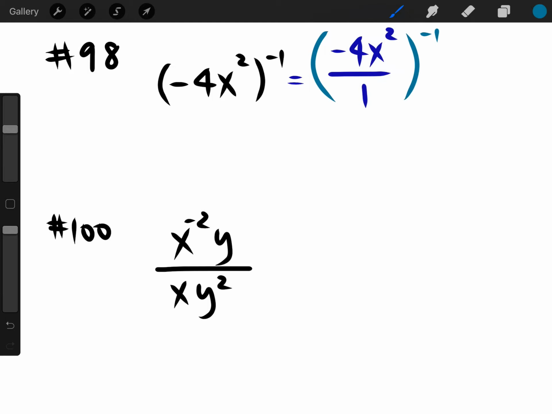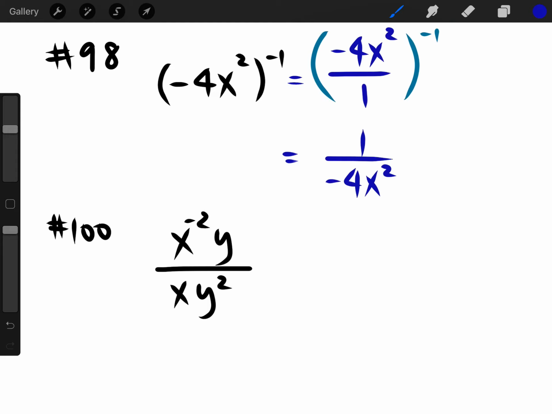Now I'm going to flip the fraction. Let me put the negative on the bottom. So it looks like I just flipped the fraction: 1 over -4x to the second power. Okay, so that's pretty much it.